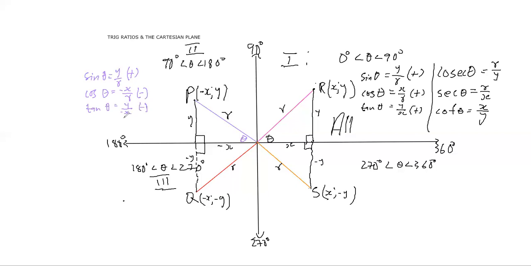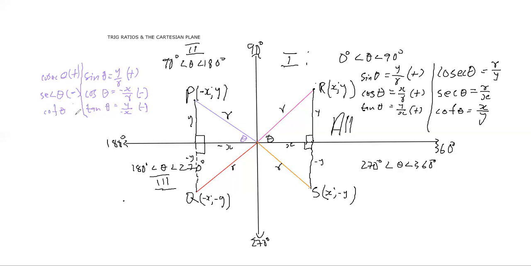The result is negative. Coming to the reciprocals, watch this with me. Cosec is r over y. So I'm just going to swap those two. So that means cosec theta is also positive. Sec theta is r over x. So here in this case, r will come down, r will go up, x will go down. We see that basically the sec theta is negative. The same thing with the cotangent.